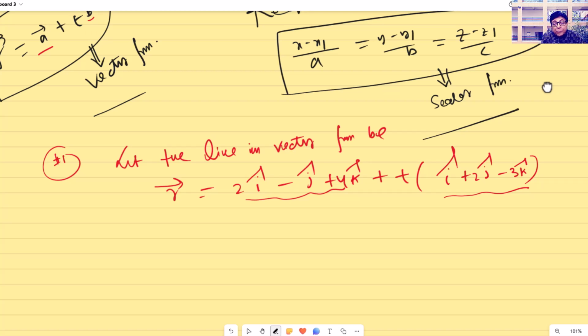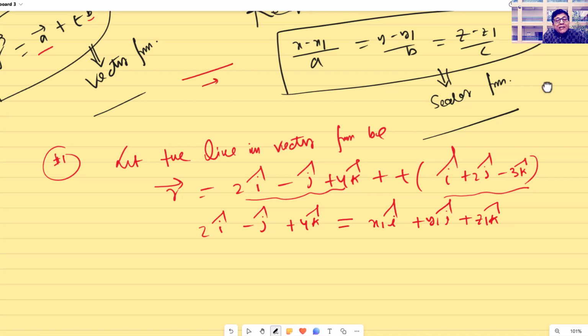So in this problem, if we compare with this line, then 2i minus j plus 4k going to play the role of the known point, that is x1i plus y1j plus z1k, and i plus 2j minus 3k is in place of ai plus bj plus ck, because the direction ratio is also the direction vector, in that direction a vector b is there, that has direction ratios a, b, c.